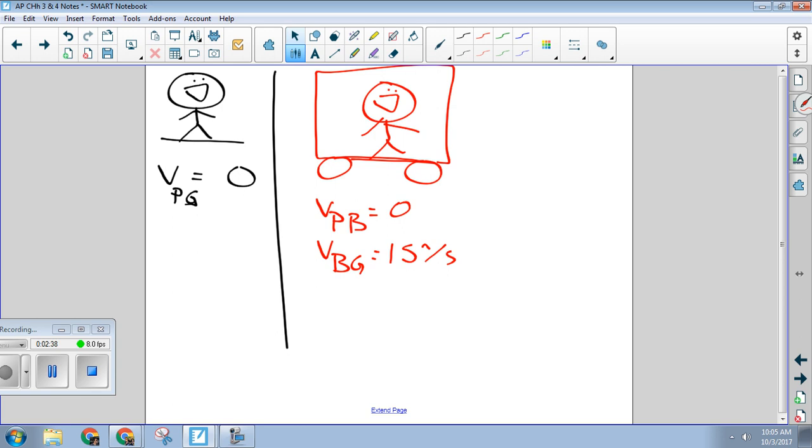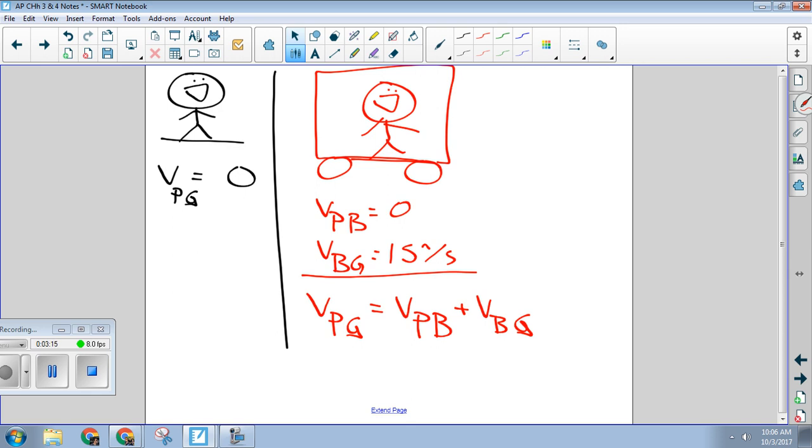So here's the notation we're going to use. If I want to find the velocity of the person relative to the ground, it's simply vector addition. Here's the equation: to find the velocity of the person relative to the ground, you take the velocity of the person relative to the bus plus the velocity of the bus relative to the ground.